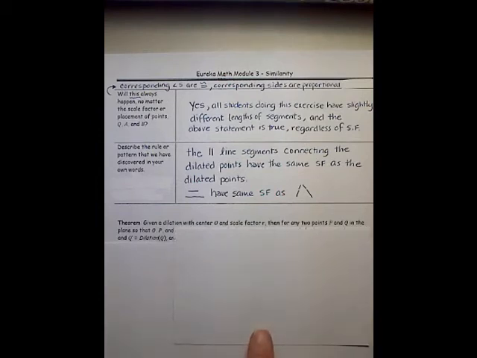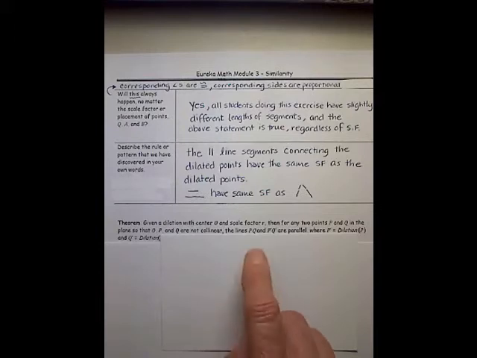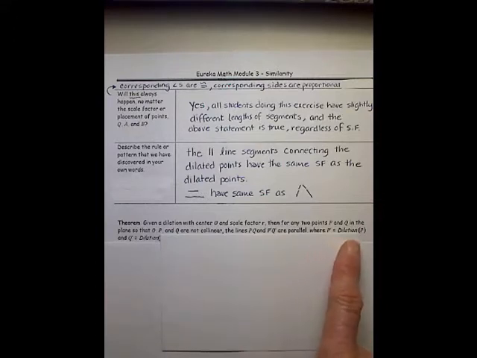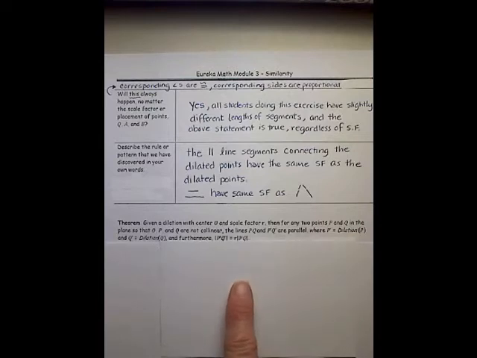Given a dilation with center O and scale factor r, for any 2 points P and Q in the plane so that O, P, and Q are not collinear, the lines PQ and P'Q', those are the segments connecting the dilated points, are parallel, where P prime is the dilation of P and Q prime is the dilation of Q. And we also know that the dilated segment is equal to the scale factor times the original segment.